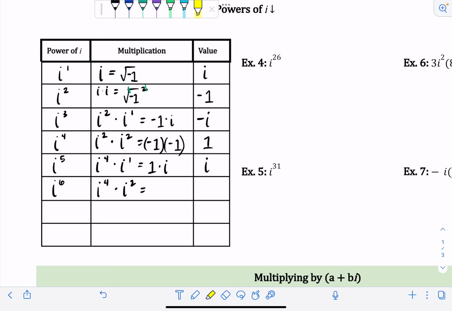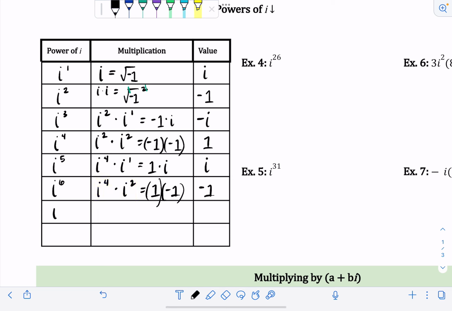I to the fourth power was 1, we figured that out above, and i squared was -1. So I'm going to replace i squared with -1, using parentheses once we have the negatives in there. So 1 times -1 is -1.